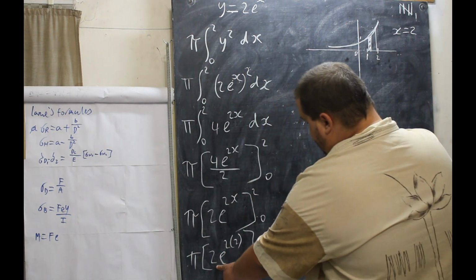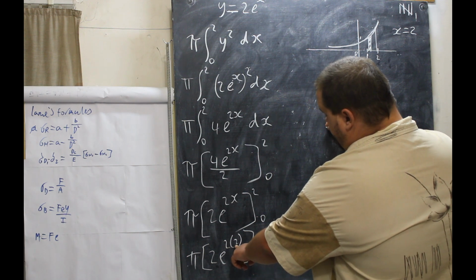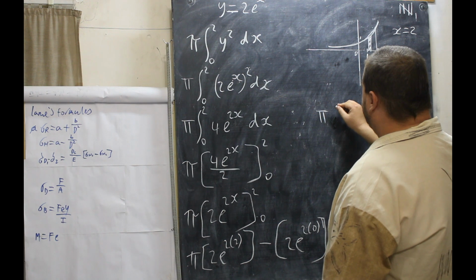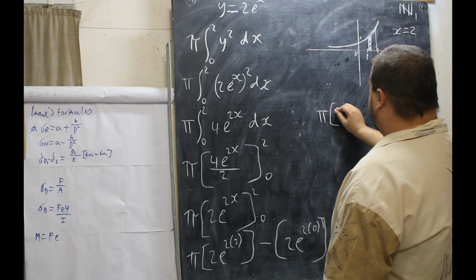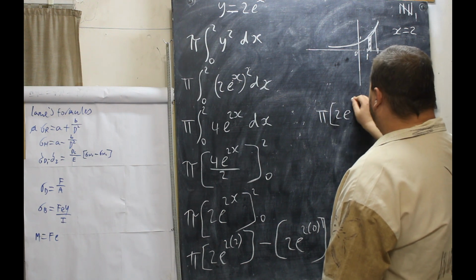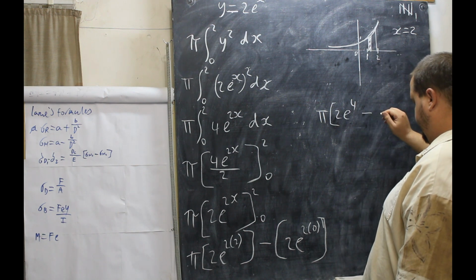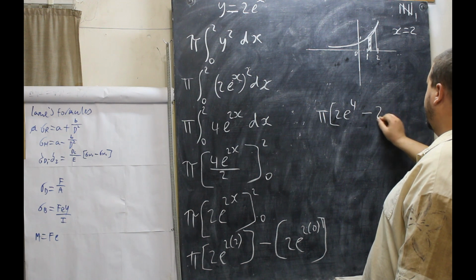You put it all together: this here is 2e to the power 4, so it's pi times 2e to the power 4 minus 2.